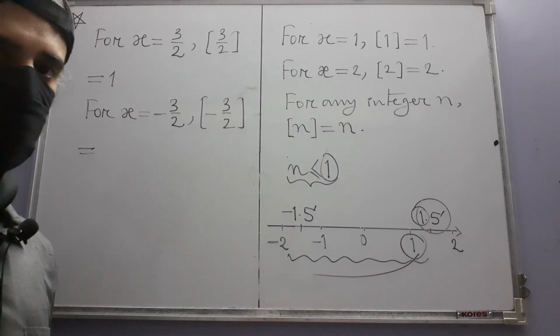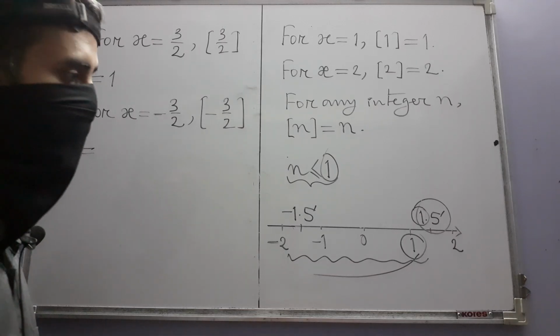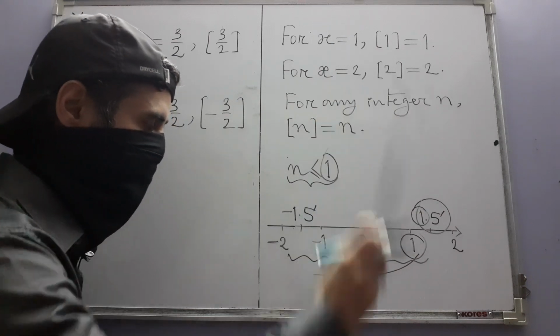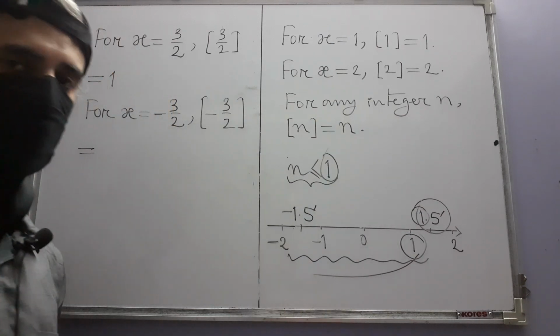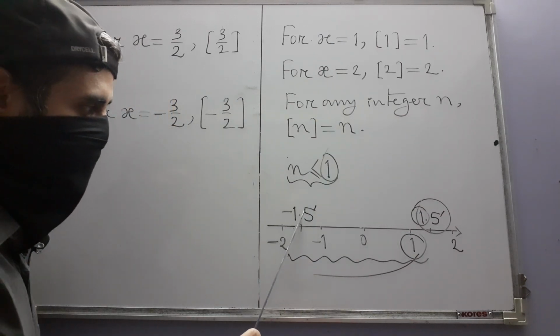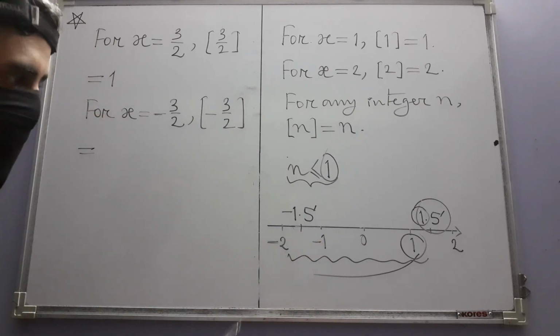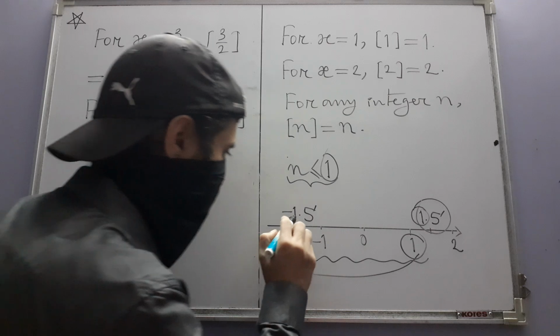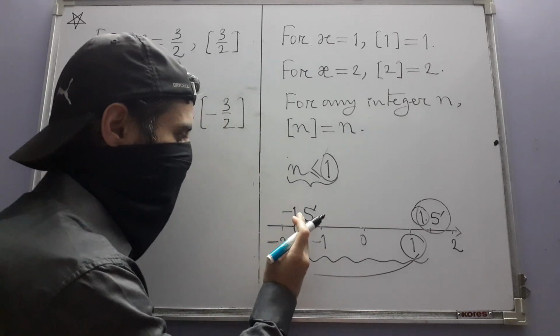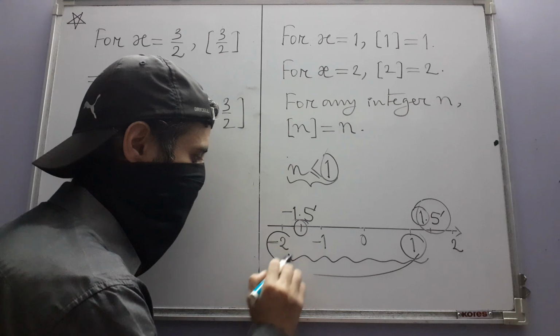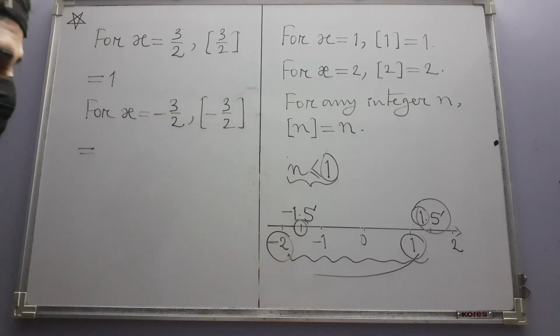If I erroneously formulate such a rule that disregard 0.5 and 1 is the value, then I should disregard 0.5 here and minus 1 should be my value, but that clearly is not true, because if this is your point and you start walking from it towards the left side, what is the first integer you encounter? Minus 2, not minus 1.